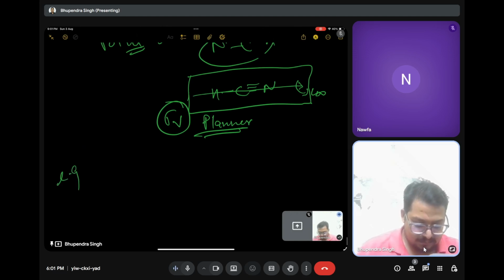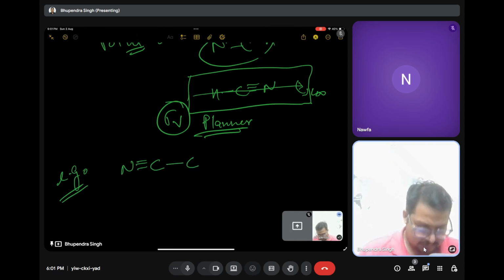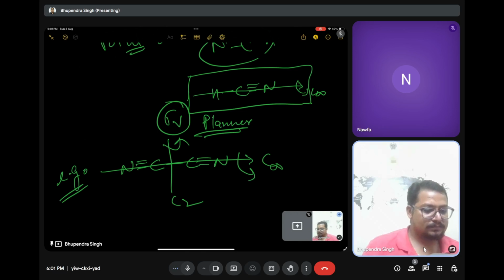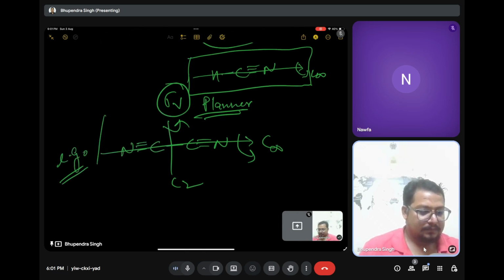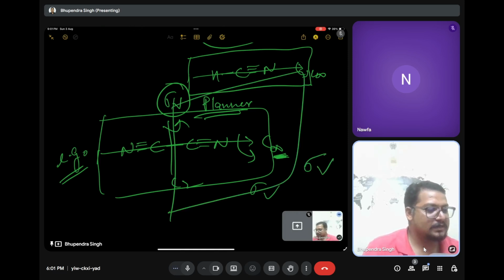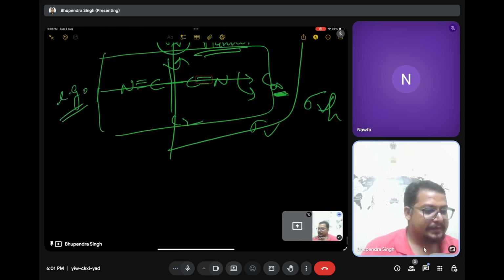Other example would be N triple bond C, C triple bond N. So this is C2 present here, C infinite present here, the plane containing the molecule, sigma V is present here, perpendicular to this sigma V, perpendicular to C infinite, this plane is also present, sigma H is also present.